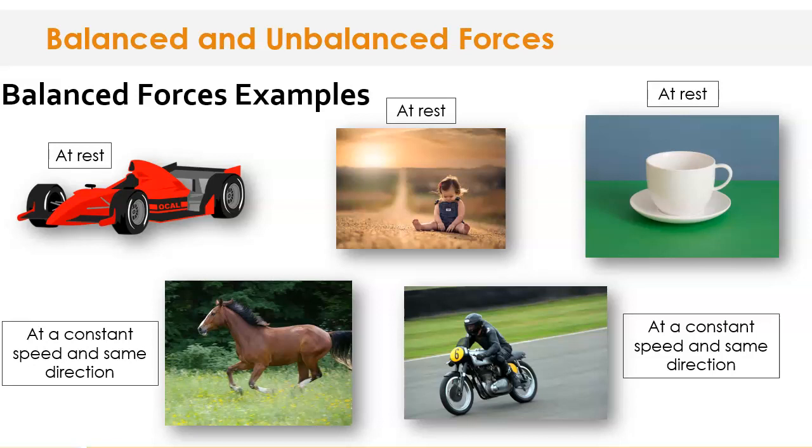They are equal in size or strength, and they are opposite in direction. And if you have a motorcycle that again is moving at a constant speed and in the same direction, a straight line, so it's not changing at all, then all of the forces at work on that motorcycle are balanced.